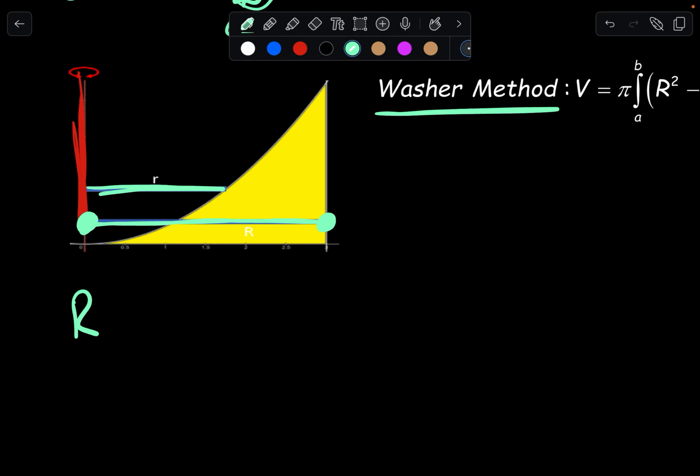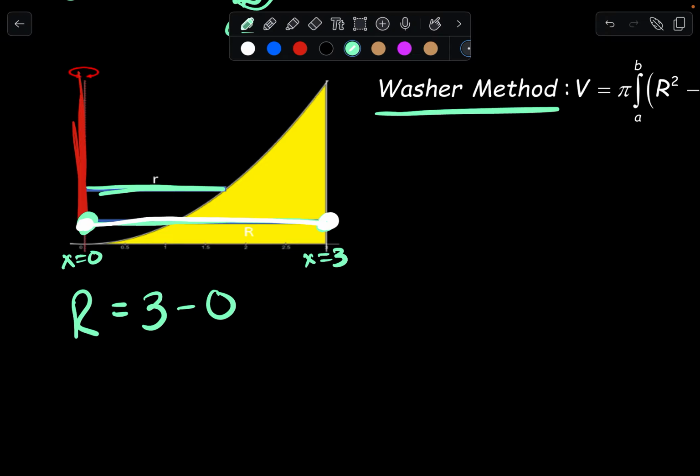Your bars always start at the axis of revolution, all right? So if I start at the axis of revolution, I go all the way to the edge of the shaded region. That's going to be the big bar. So if I do right minus left, x is equal to 3, and then the left is x equals 0.